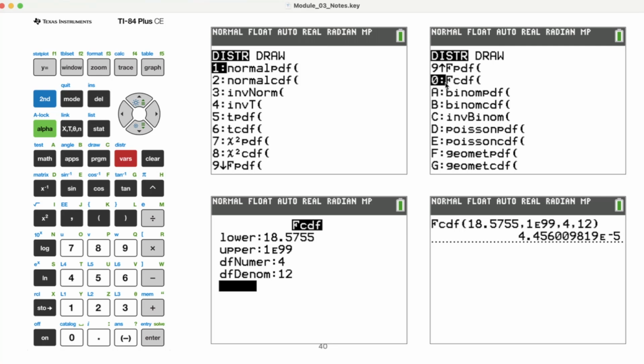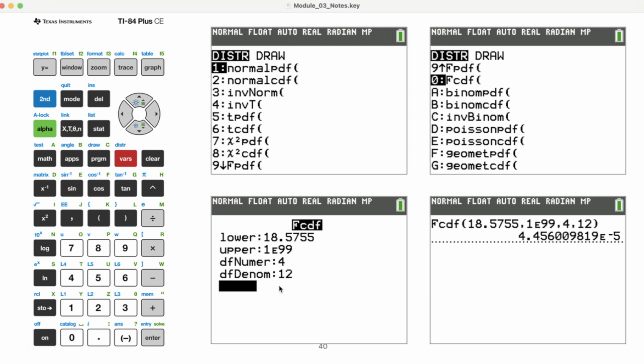This is the FCDF function that's built into the TI-84 calculator. When I select that by pressing the Enter key, it brings me to this wizard where I can enter the lower point and the upper point delineating the interval over which I want to calculate this probability.